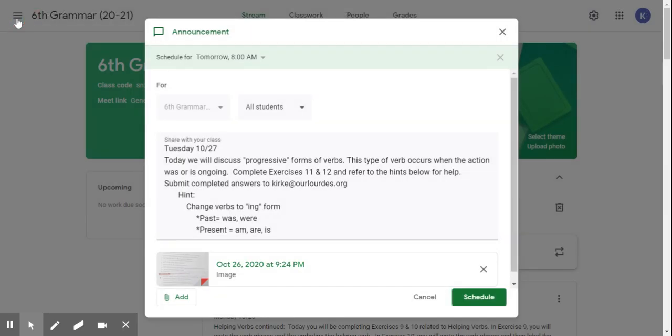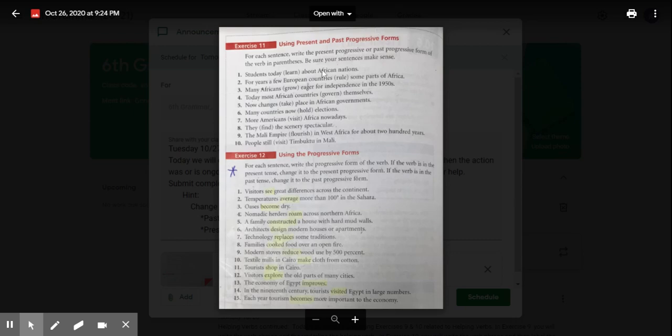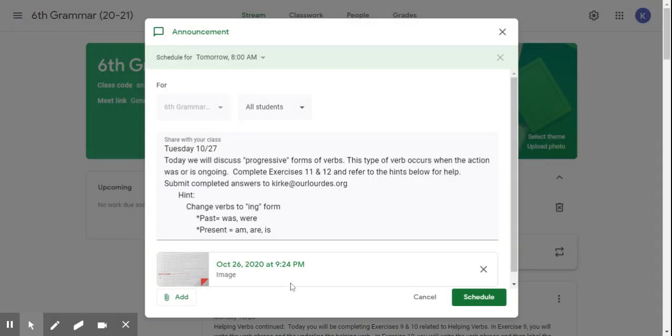So, we already know that we need to change the verb to an ing verb. Okay, so if we look at this word and we change learn to learning, you have to read the context clues within the sentence. So it says, students today learning about African nations. So if we know that this sentence says today, we have to choose from the present formats. So we know that am, are, or is would be our choices.